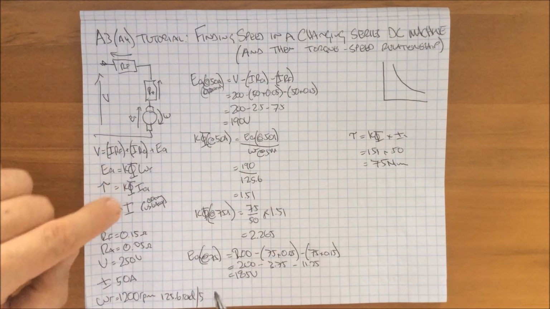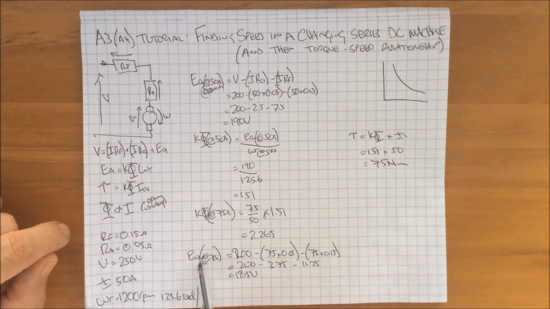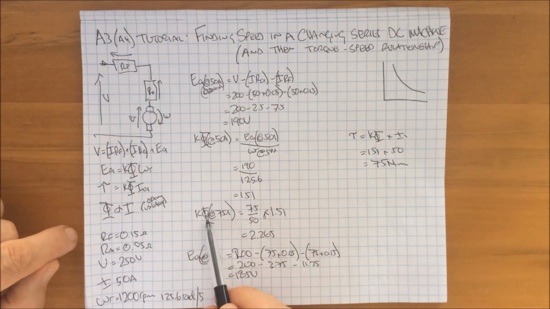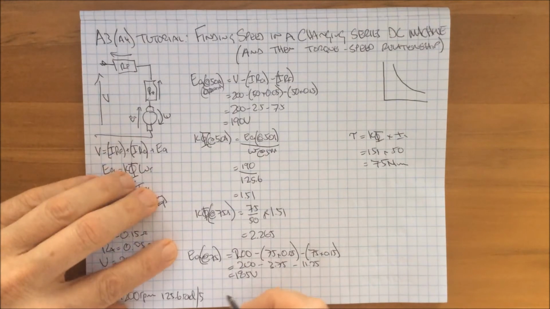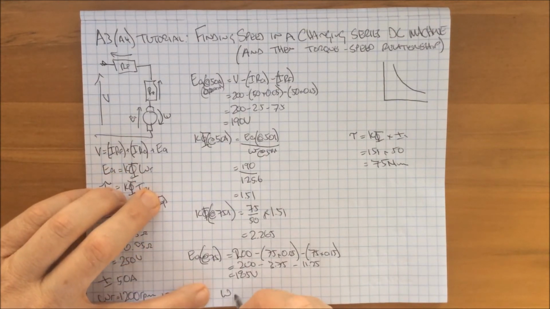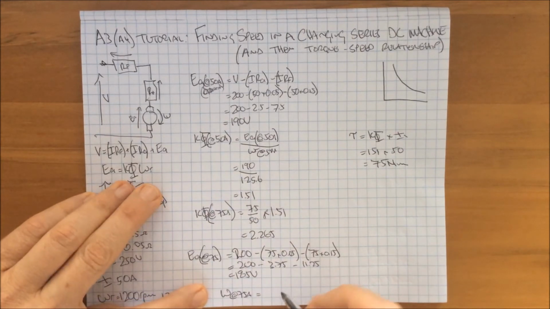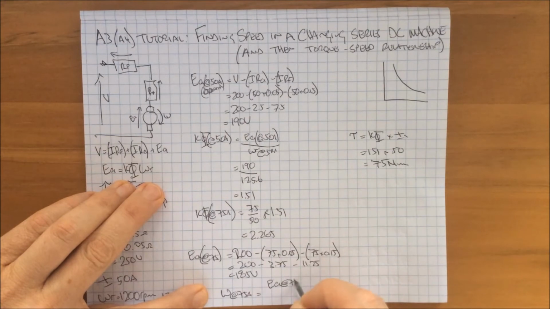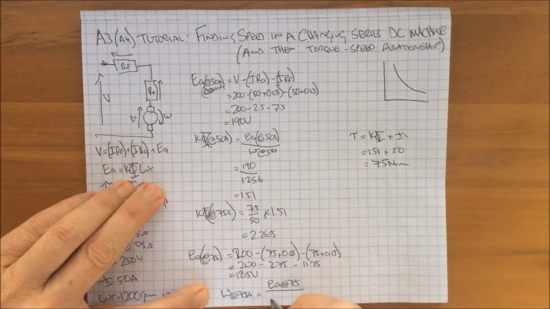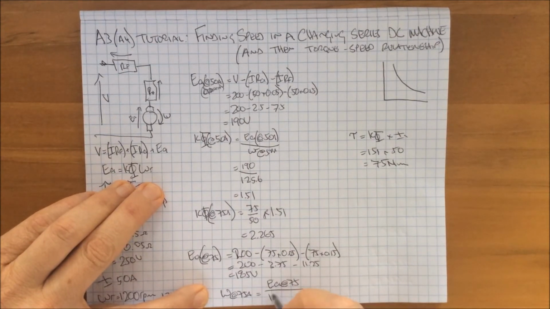So we now have our new back EMF and our new K phi, we can find our new speed. Our new speed of the machine at 75 amps will be our back EMF at 75 over our K phi at 75. You've got to make sure you use the right values here.